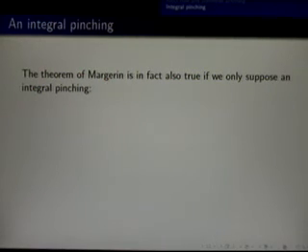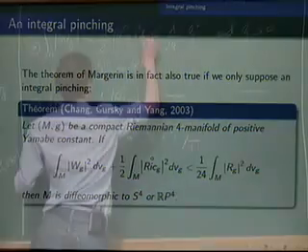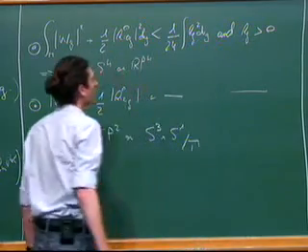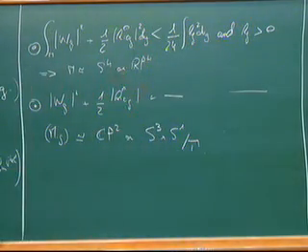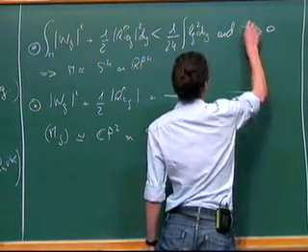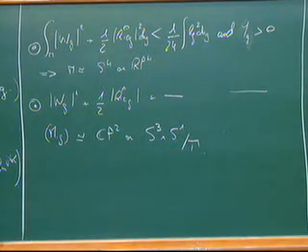So, in fact, you only have to suppose that the pinching is true once you integrated it. So if you only suppose that you have this, and you replace the assumption of positive scalar curvature by its conformal counterpart, that is the Yamabe constant is positive, then you have the same result.